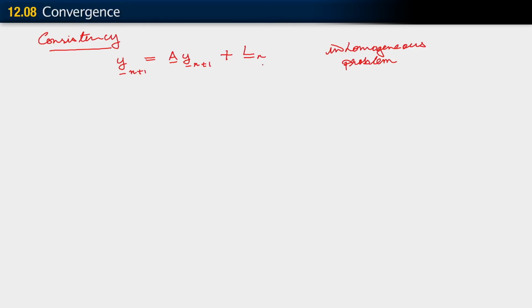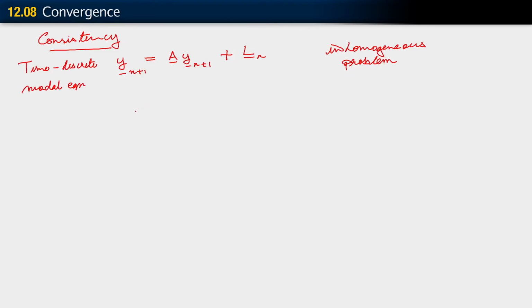We turn off the forcing when we study stability, we turn it back on when we study consistency. Okay, so this is the time discrete problem, the time discrete modal equation.